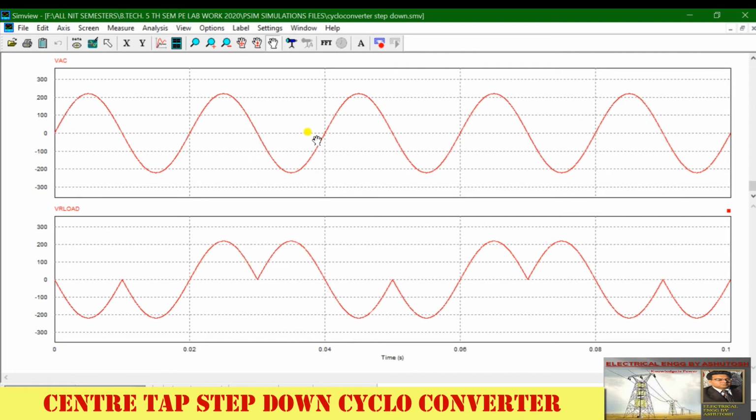Okay, during this whole cycle we get two half cycles in the same direction, and during another cycle of AC supply, full cycle of AC supply, we get two negative halves. So basically these are the half cycles generated by P1 and P2, and these are the negative half cycles generated by N1 and N2 pairs.